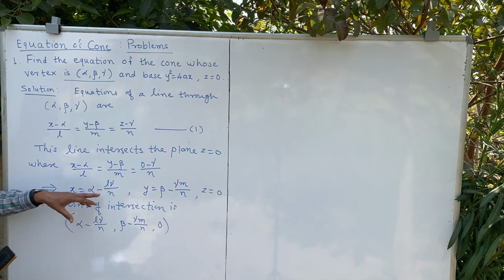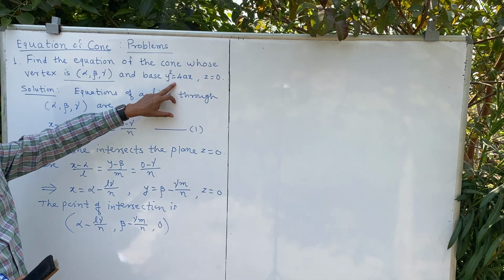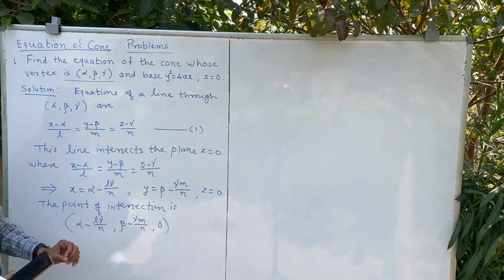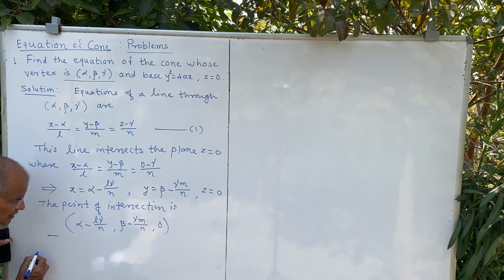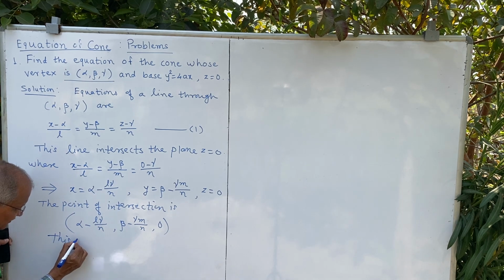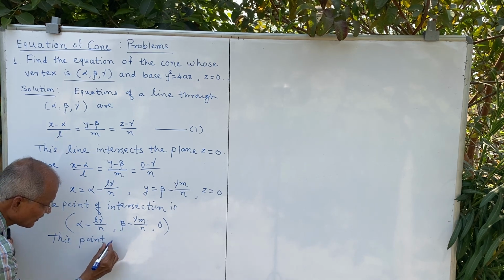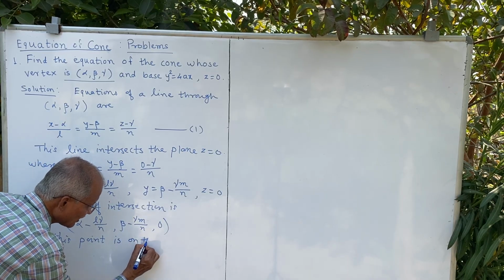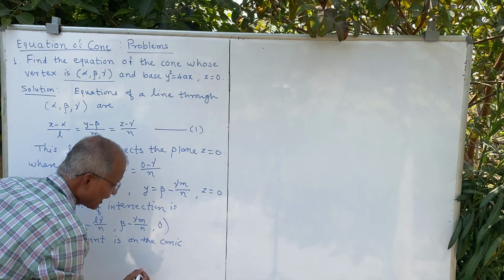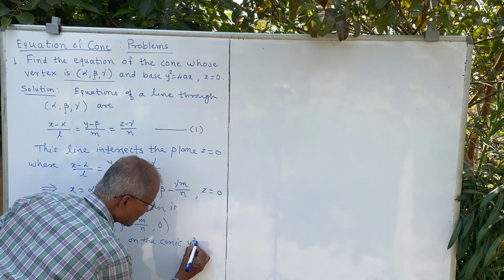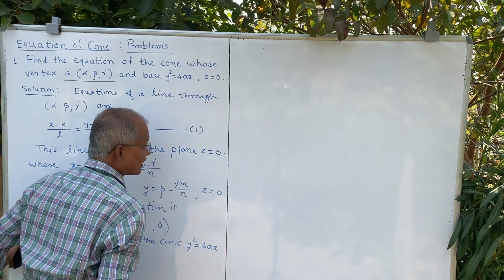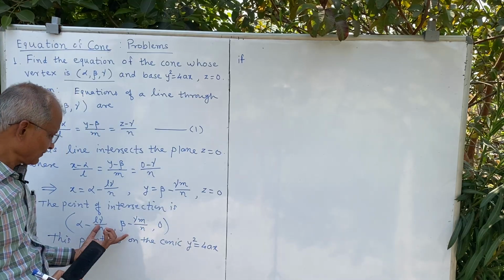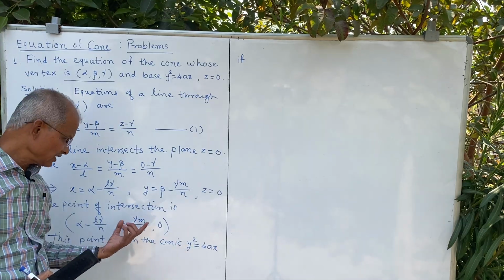Now this point will lie on the conic y square is equal to 4ax, because the line intersects both z is equal to 0 and the base y square is equal to 4ax. So this point is on the conic, or the parabola y square is equal to 4ax. The condition is that if the coordinates of this point satisfy this equation, the point is on this conic.